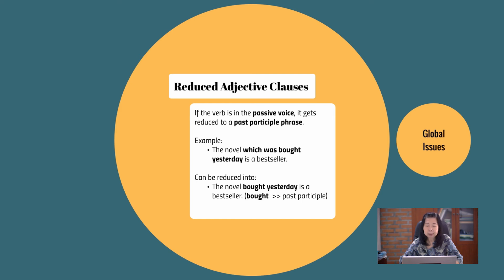Which was bought yesterday. Which adalah subjek, was bought, kata kerja pasif. Now you see here, this clause can be reduced into bought yesterday. The novel bought yesterday is a bestseller. Bought is a past participle.